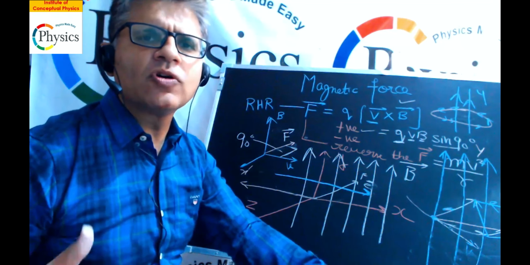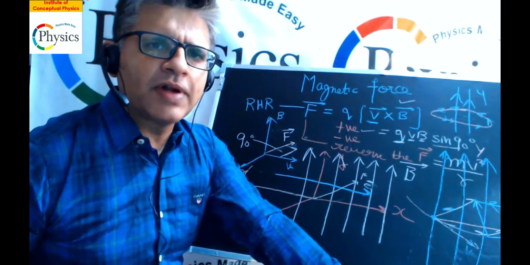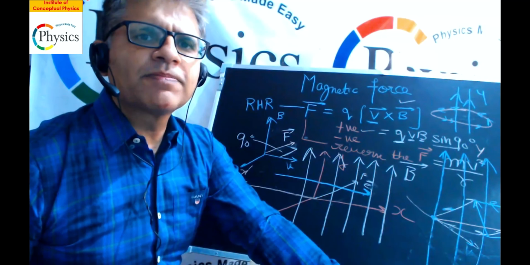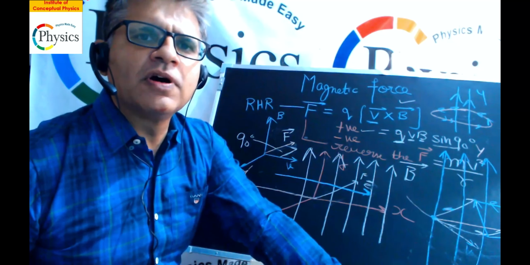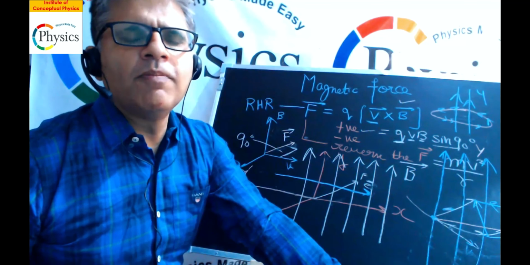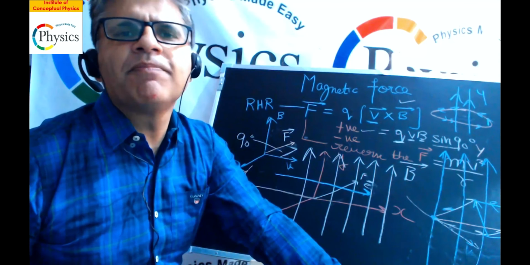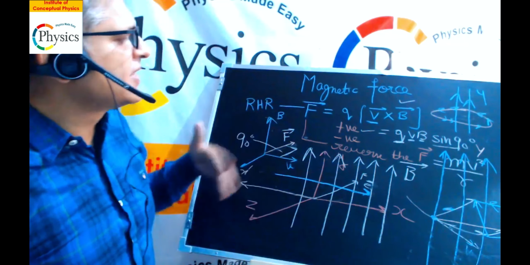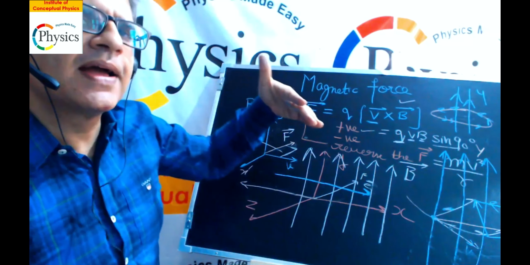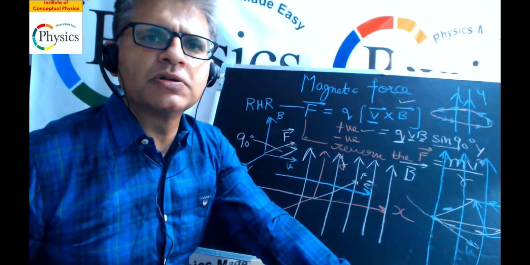So I hope this gave you a good revision of the right-hand rule, the concept of vector product, and how you apply magnetic force on a moving charge. This was a simple example of a circle, and if the same charge enters at an angle, then you have helical motion, which we can discuss again.